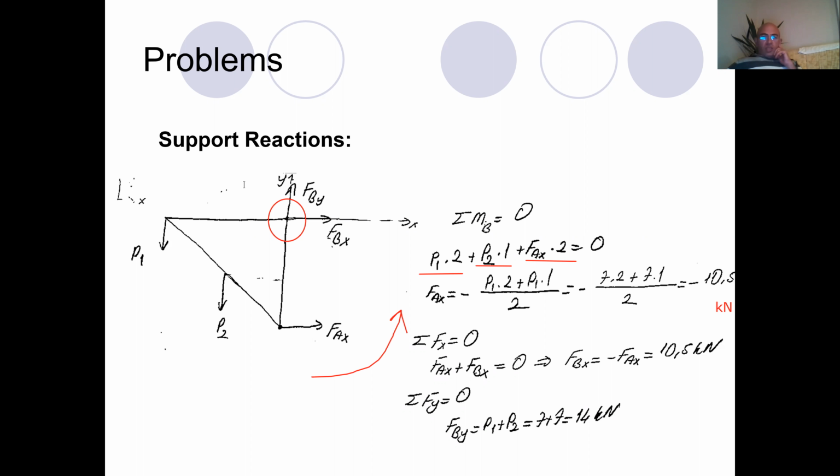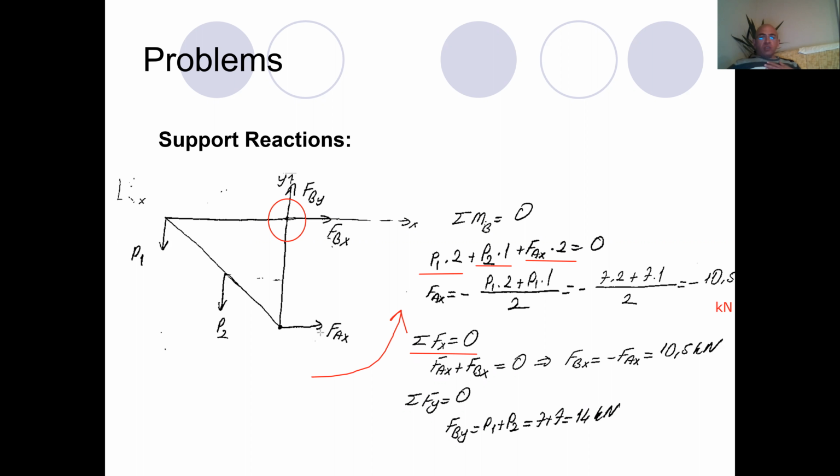Okay, so next is to calculate the support reactions at B. Now we find the support reaction at B, and we have another equilibrium equation, which is sum of the forces in X direction is 0.